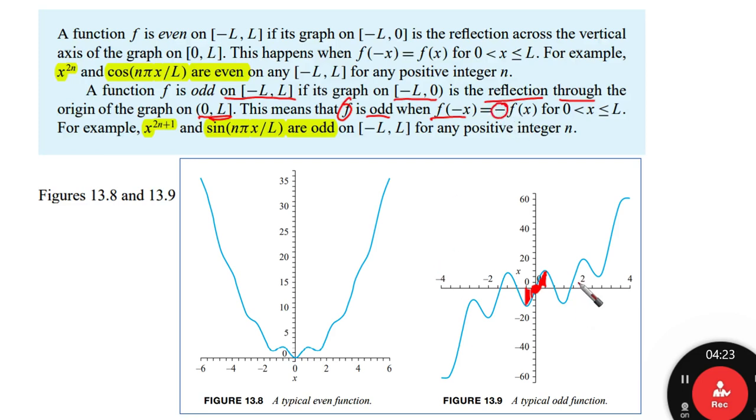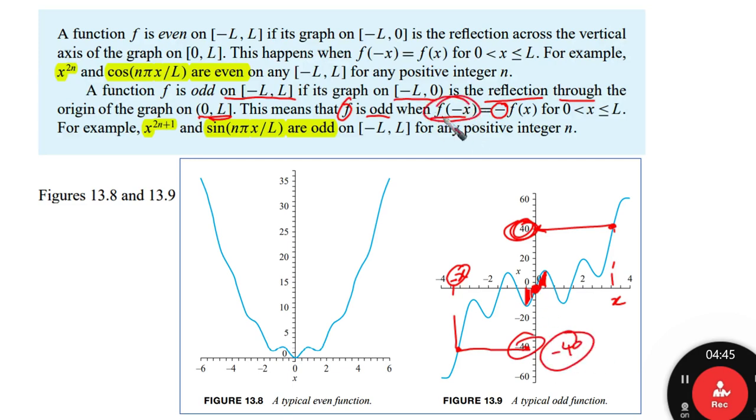For example, if this is minus x and this is x, and x gives us 40, then f of x is 40 here, but f of minus x is exactly minus 40. So f of minus x equals minus f of x for x between 0 and L.